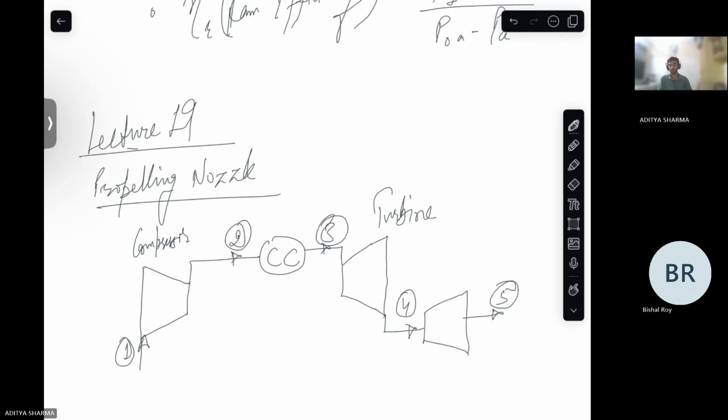the working fluid coming out of your turbine, which eventually is the jet of your engine. Okay. Then two cases have been discussed. One is where your nozzle is choked and the other is where the nozzle is not choked.